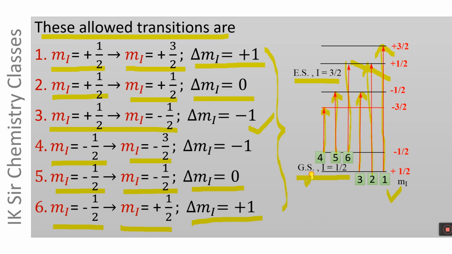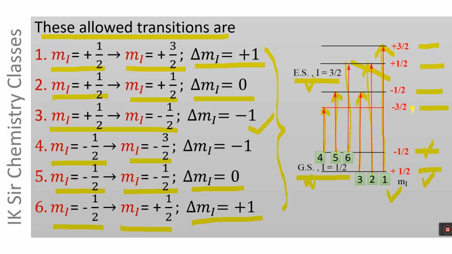The ground state of the Fe-57 nucleus with I equals 1/2 splits up into 2 nuclear sub-energy levels with m_I equals plus half and m_I equals minus half. This one has lower energy and this one has higher energy, as discussed earlier. The excited state of the Fe-57 nucleus with I equals 3/2 splits up into 4 nuclear sub-energy levels with m_I equals minus 3/2, minus half, plus 1/2 and plus 3/2.